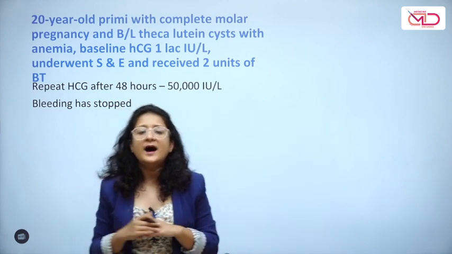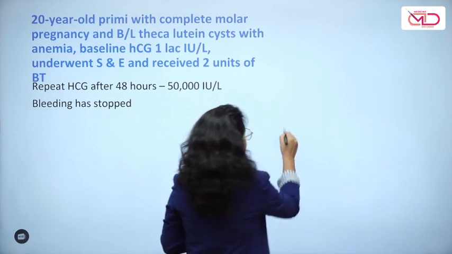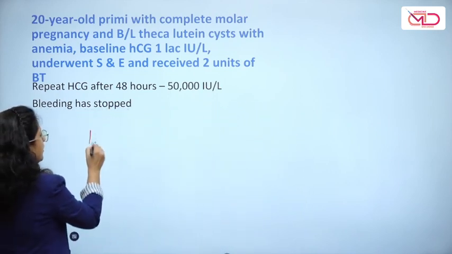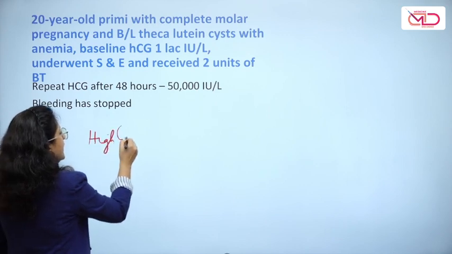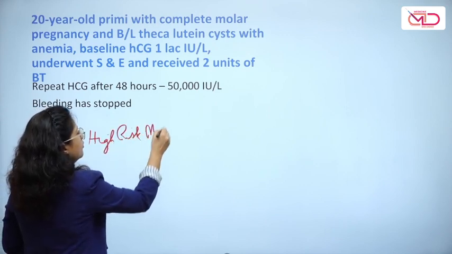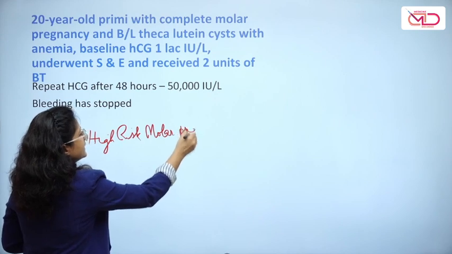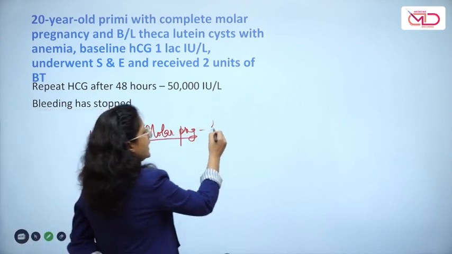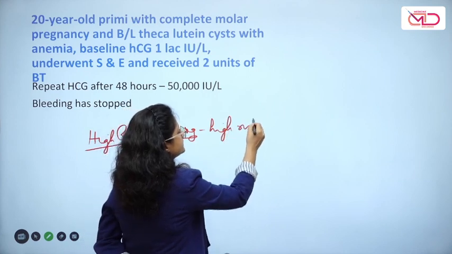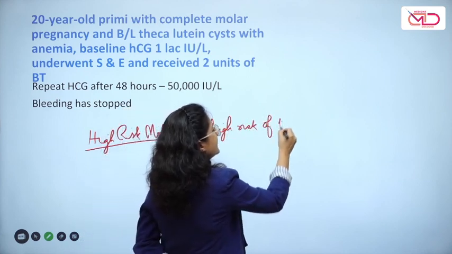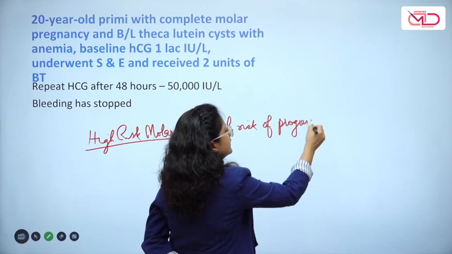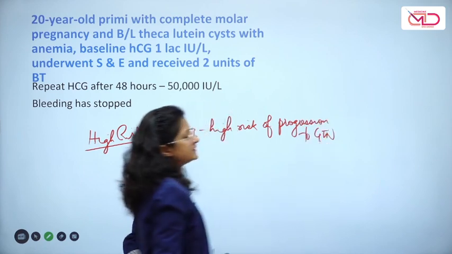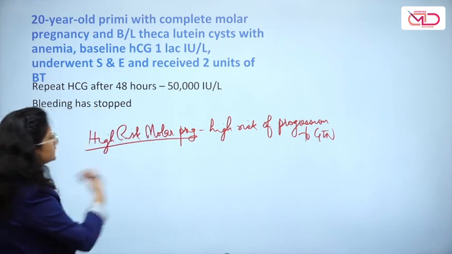Even in high risk molar cases, there's something called high risk molar pregnancies. These are molar pregnancies which have a high risk of progression to GTN, gestational trophoblastic neoplasia. What are those?